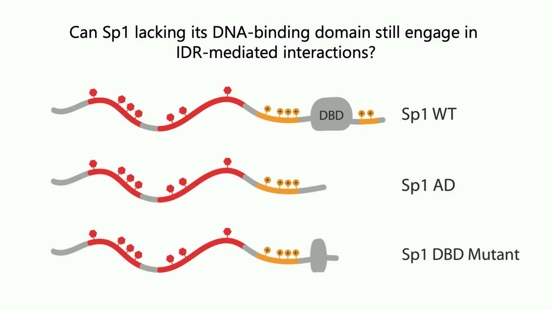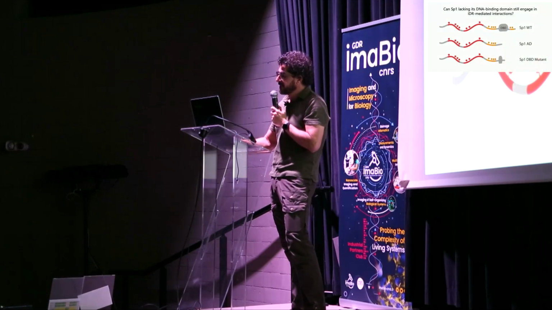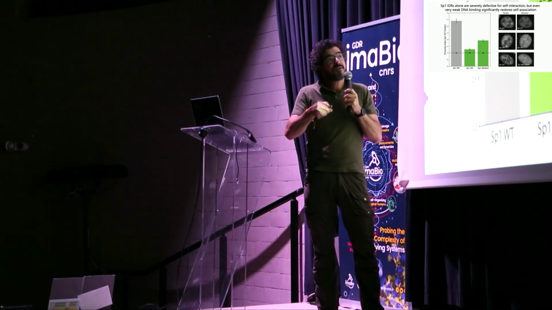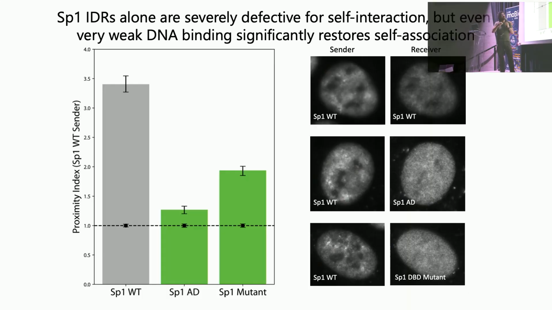He did a construct where he removes the DNA binding domain, and he did a construct where he left a small piece of the DNA binding domain, and this small piece has only one zinc finger. And this is sufficient to confer non-specific interaction with DNA, but not sufficient in vitro to bind to your sequence of interest. And so here, the low complexity domain alone is not sufficient for binding.